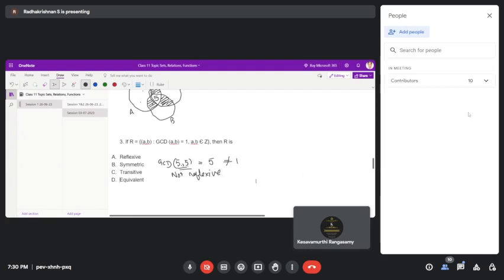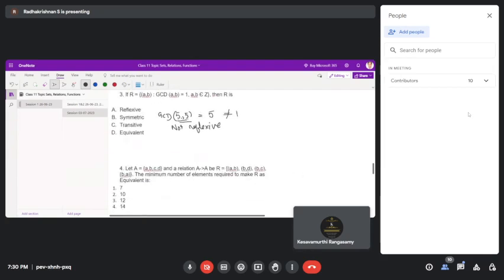That means they should be co-prime. There should not be any common divisor other than 1. So we found that it is not reflexive. Symmetric. I said 3 and 4 are co-prime. So between 3 and 4 there is no common factor. Therefore the GCD of 3 and 4 is equal to 1.